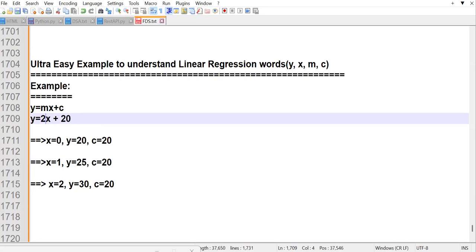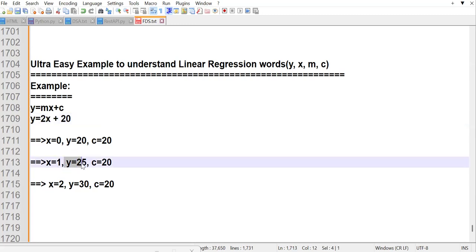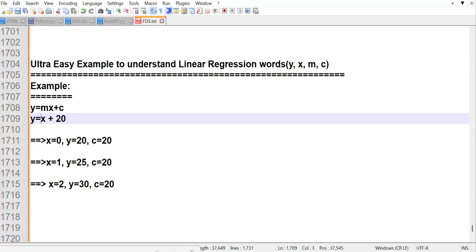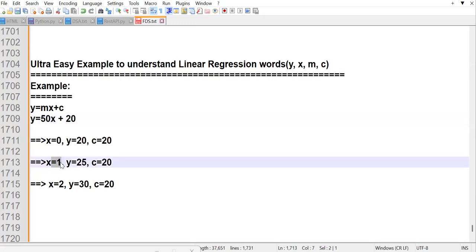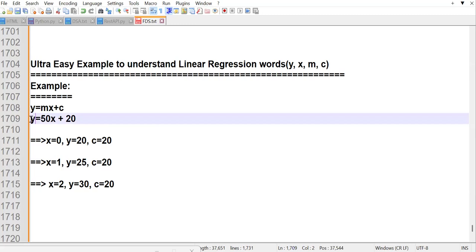When I write 2 here, y is increasing slowly. Why? Because when you give x value 0 or 1, y will become 22 in this case. But when you write 50, when you increase x by 1, it gives a much bigger result.